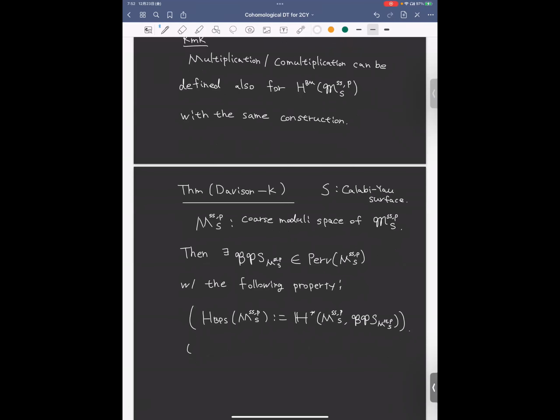The first property is that the BPS sheaf is the constant sheaf over the stable locus, up to a certain shift.